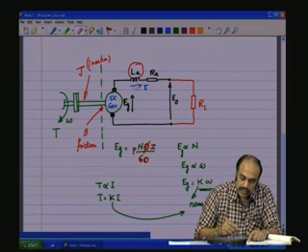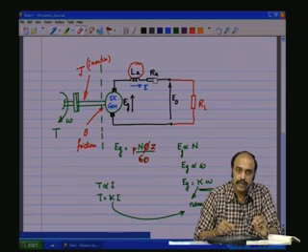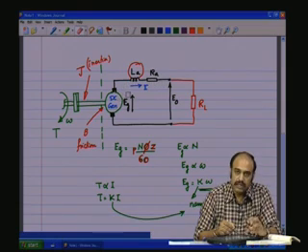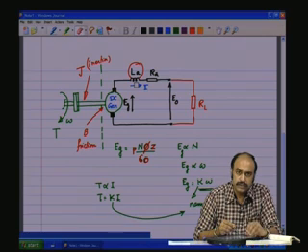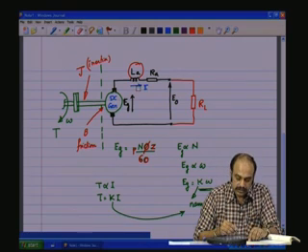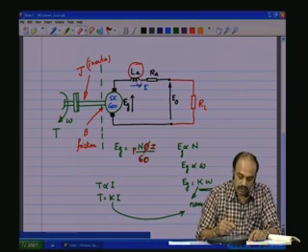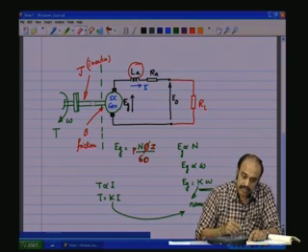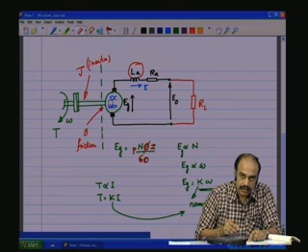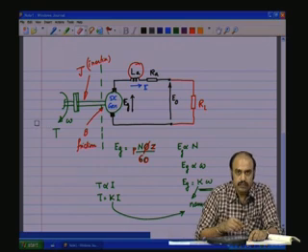There are two non-idealities which are brought out: RA, which represents the armature winding resistance, and LA, which is also inbuilt into the coils of the armature, the inductance of the armature coils. Now, on the mechanical side we have the shaft which is connected to the DC generator, and the shaft is coupled to a prime mover which is giving the energy.